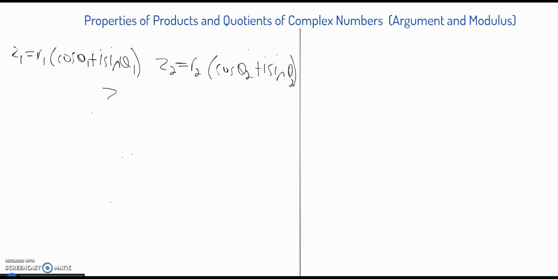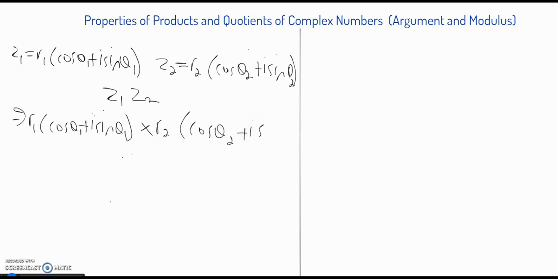Now what we want is Z1 times Z2, which would imply R1 into cos theta 1 plus I sine theta 1 times R2 into cos theta 2 plus I sine theta 2.